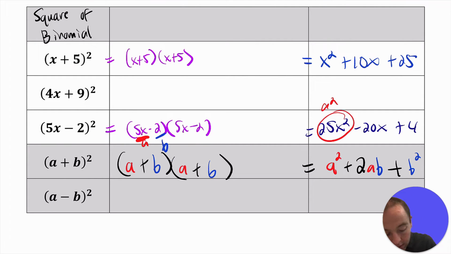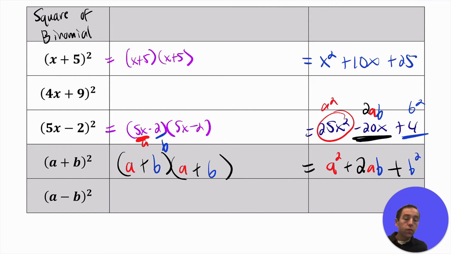The term you see right here, this negative 20x, comes from taking 2 times your a times your b, because it really is taking 2 times the a, which is 5x, times the negative 2, and 2 times 5x times negative 2 does equal negative 20x. And then finally at the end of that result, this 4 is the result of your b squared, because if your b was negative 2, negative 2 squared is a positive 4.